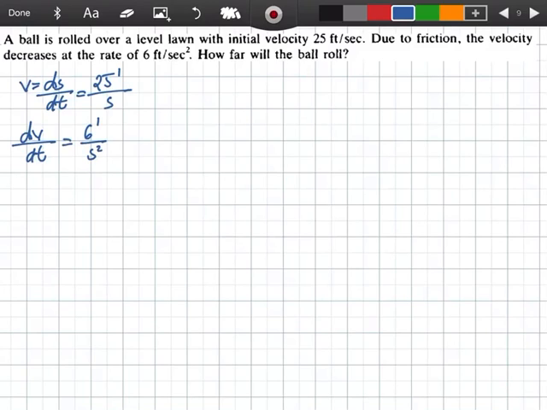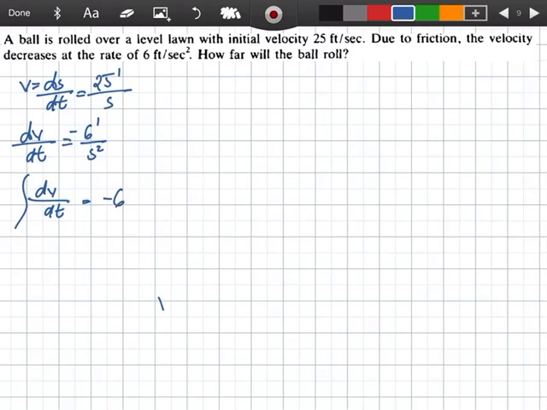How far will the ball roll? Since it is decreasing, we put a negative. So dv over dt is equal to negative 6.